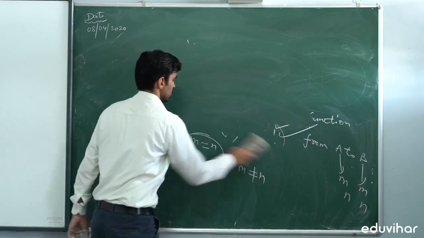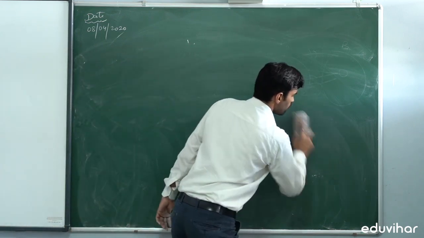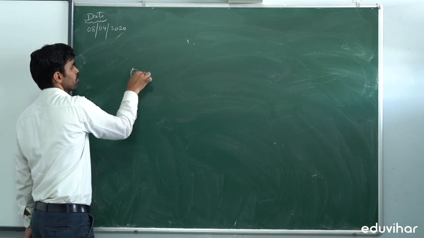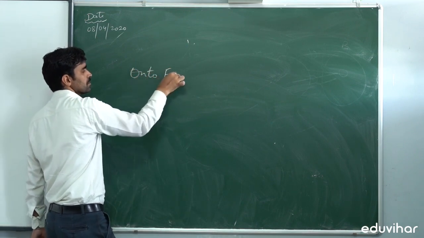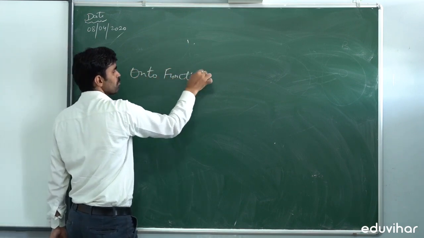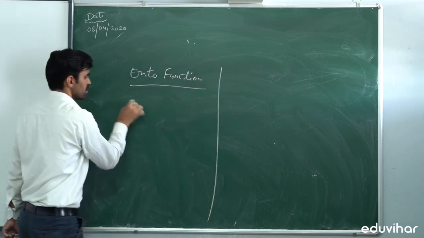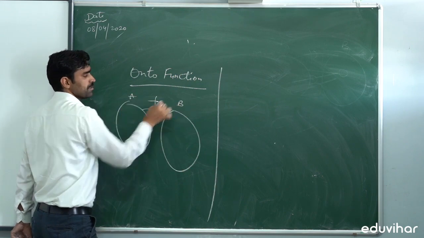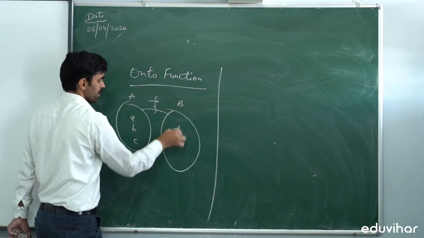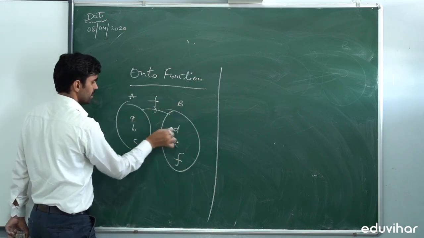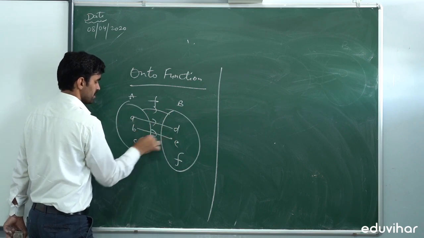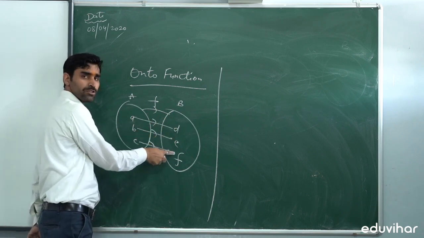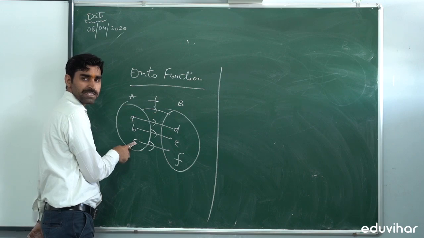Next. On to और into में क्या डिफरेंस है? In case of onto function, as you observe already, the function goes from set A to set B. Here A, B, C, here D, F. Every element of the codomain must have a pre-image in the domain.